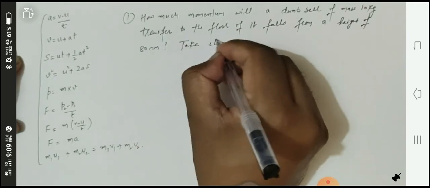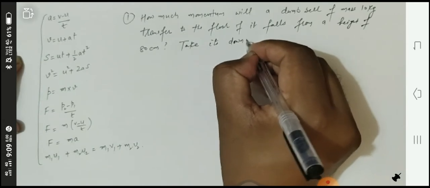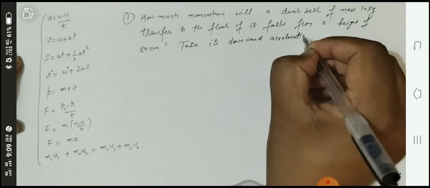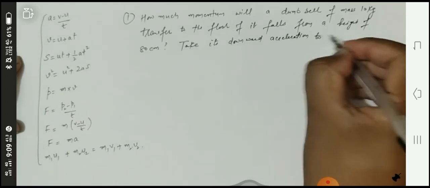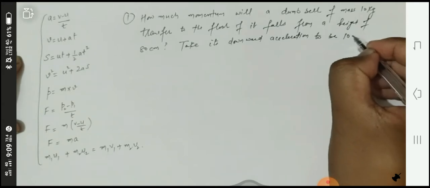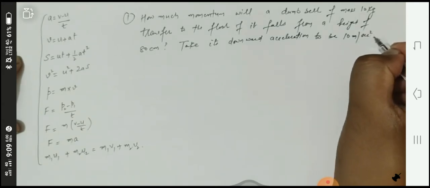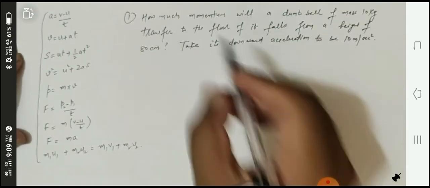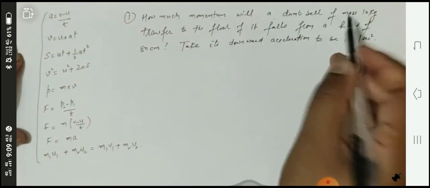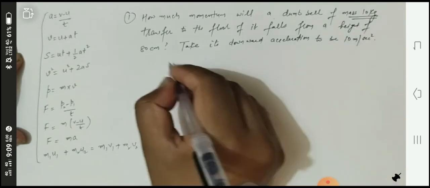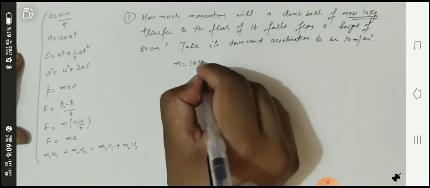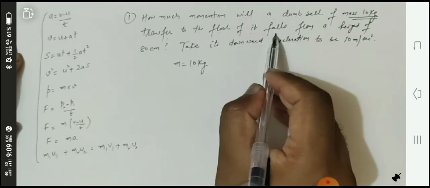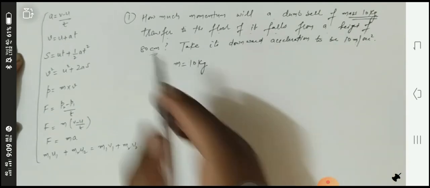Take its downward acceleration to be 10 meter per second square. So the mass is 10 kilogram, and it transfers momentum to the floor if it falls from a height of 80 centimeter.